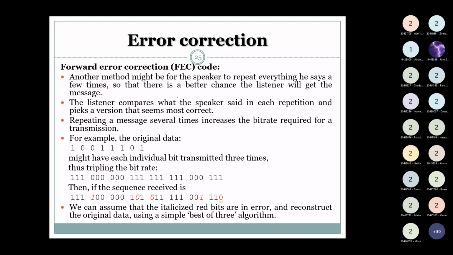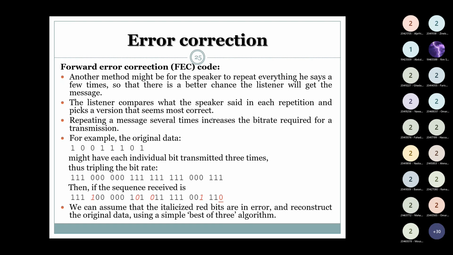If the listener loses some words, he will catch them in a later repetition. The listener compares what the speaker says in each repetition and picks the version that seems most correct.